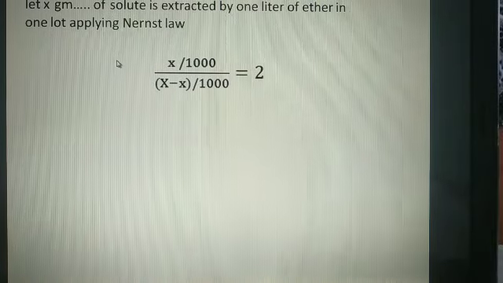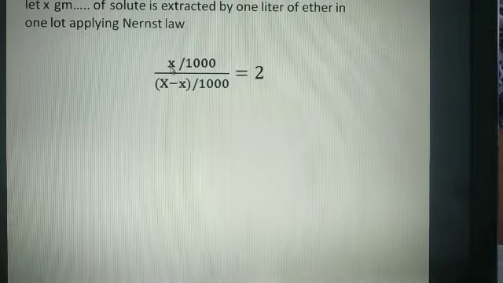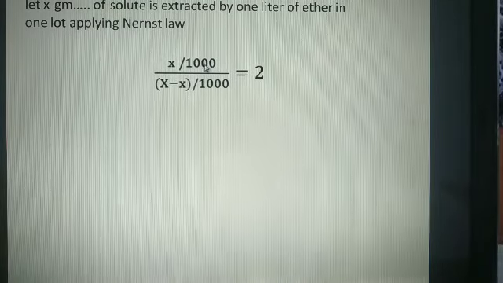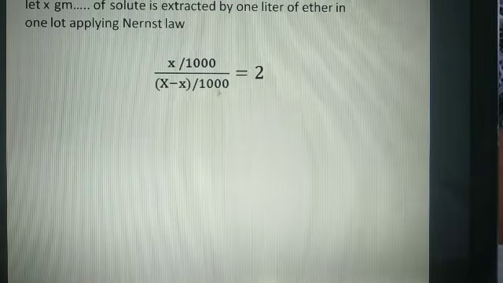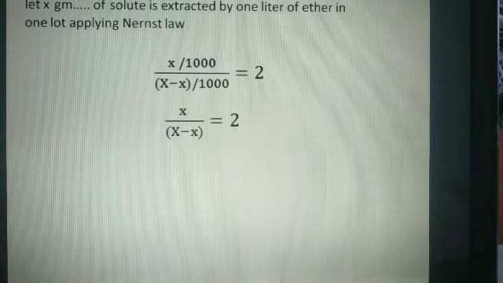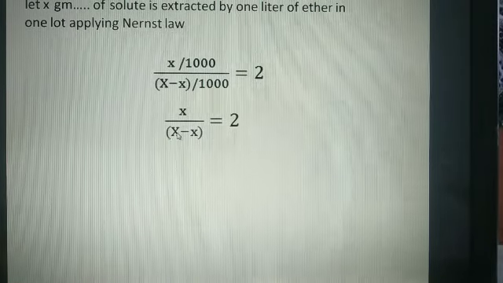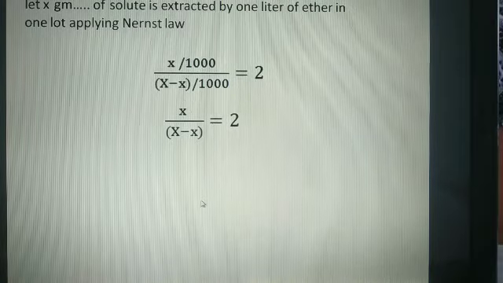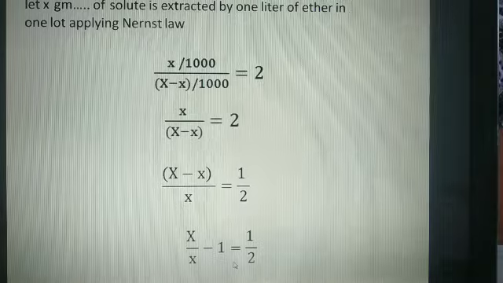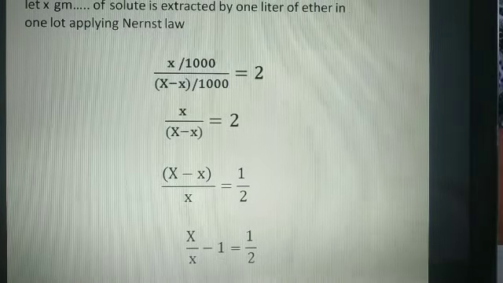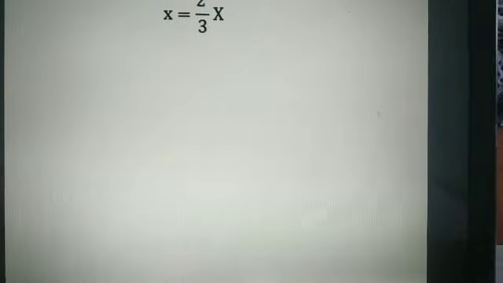So now we apply this Nernst distribution law here. It is small x passed to the ether layer, and x minus x that is left in the water, that is equal to 2. Now solve it. We will get this small x divided by this factor equal to 2, and when you solve the equation, you will find that x is equal to small x that is being extracted.